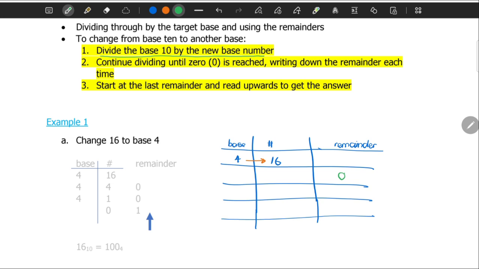The remainder is 0. Next, 4 into 4, that is 1, and the remainder is 0. And then 4 into 1, that's going to be 0, and the remainder is 1.